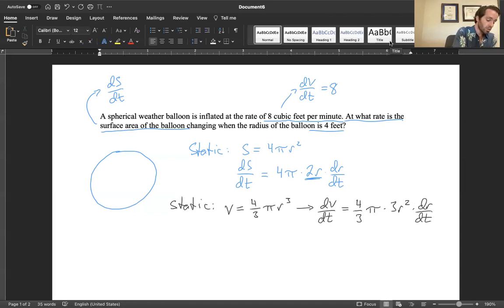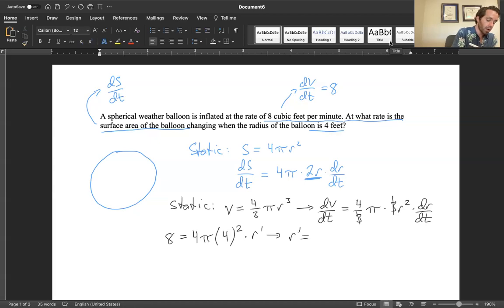So let me put these in quickly. dV/dt is 8. 4/3 and 3 can cancel. So this really becomes 4 pi r squared. r at the instant we're interested in is 4 squared times r prime.